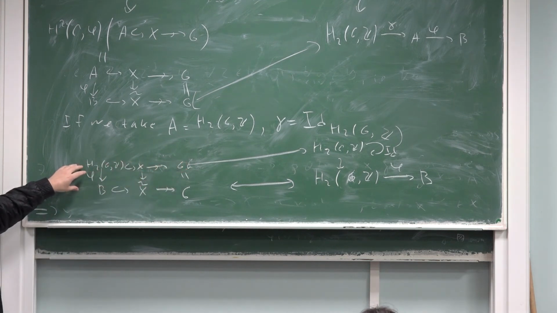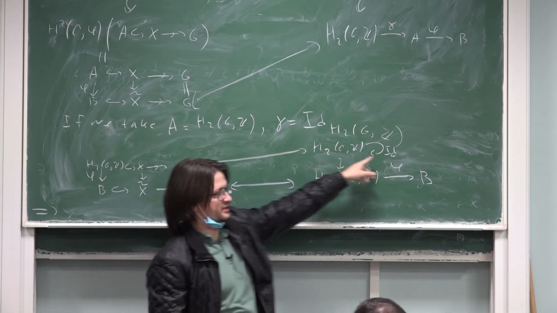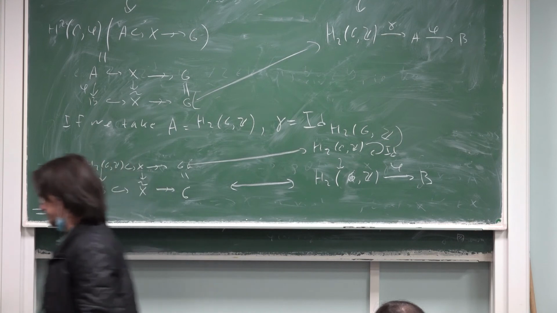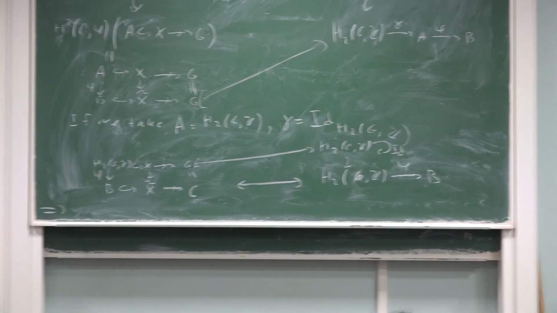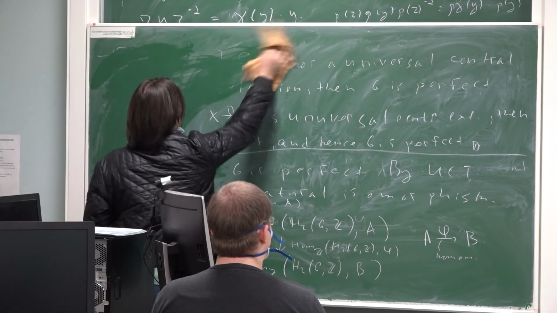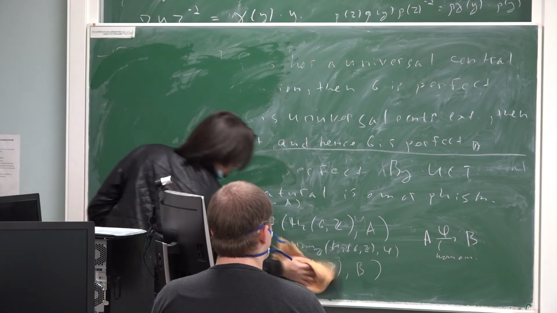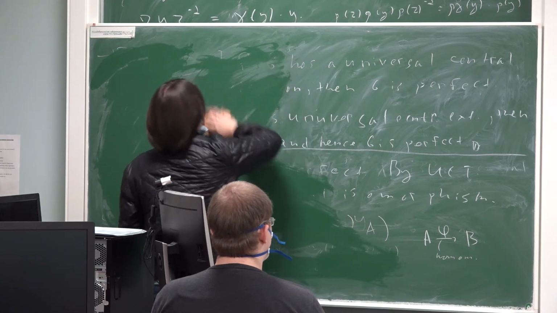Yes, so for any central extension, we get a morphism from the extension that corresponds to the identity map. So we almost have shown that this central extension corresponding to the identity map on the second homology is a universal central extension.